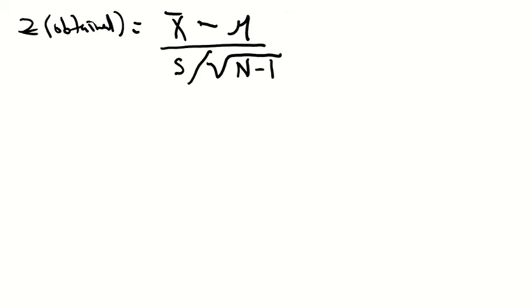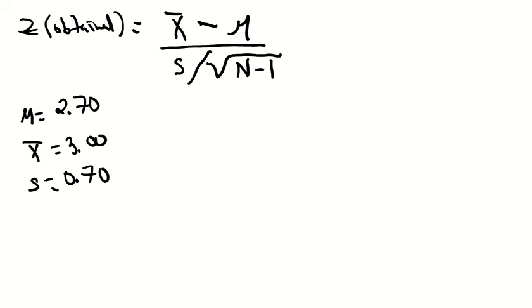We've already written down what we have. So we know that mu is 2.7, the sample mean is 3.0, the standard deviation is 0.70, and we have an N of 117.